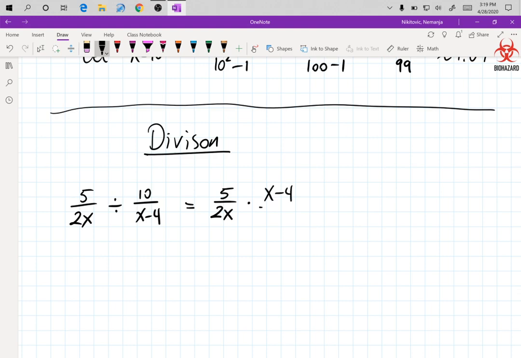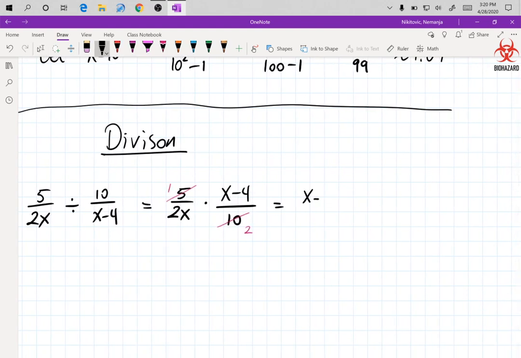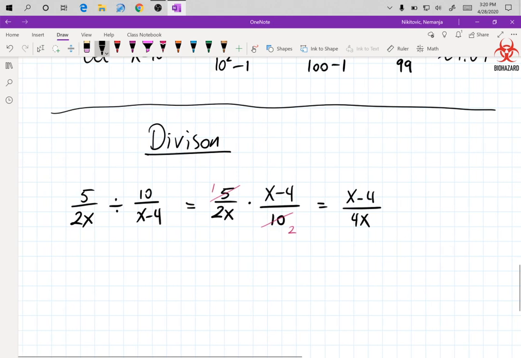And then you will factor if you can. Then you will cancel if you can. This one divided gives us 1 and 2. And then you just multiply across. So you technically change every division problem into a multiplication problem and just follow multiplication rules. So that's x minus 4 divided by 4x. That's it.